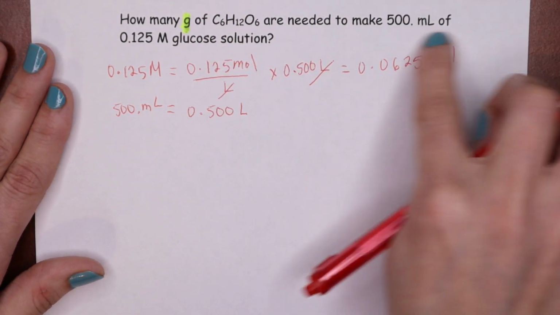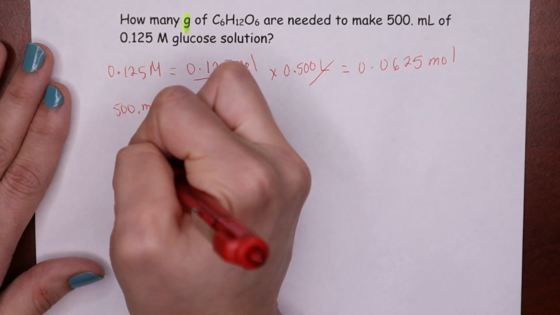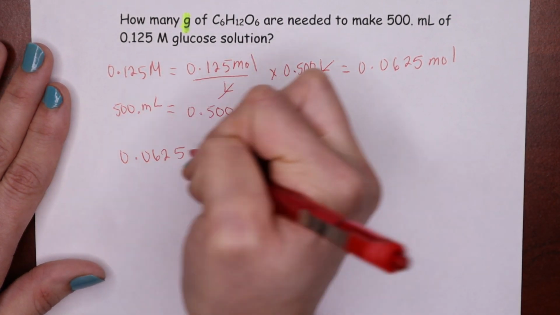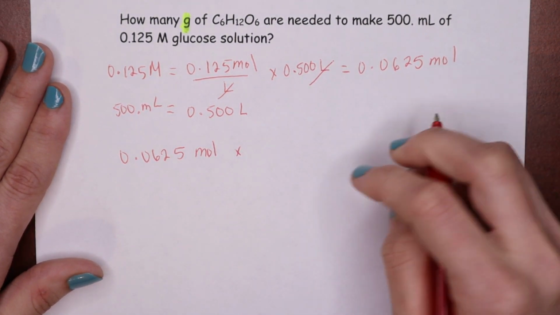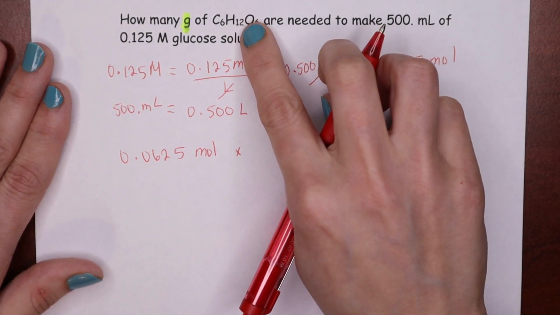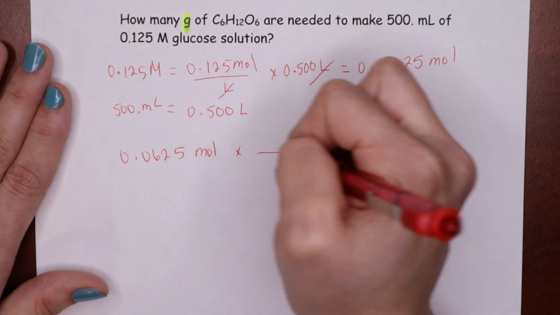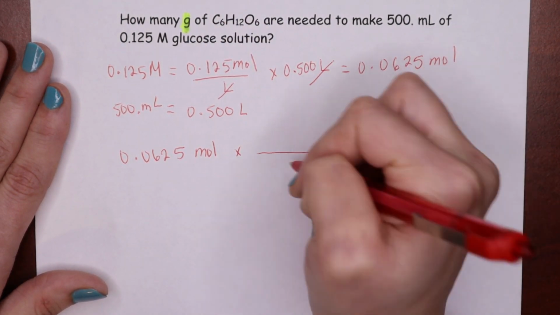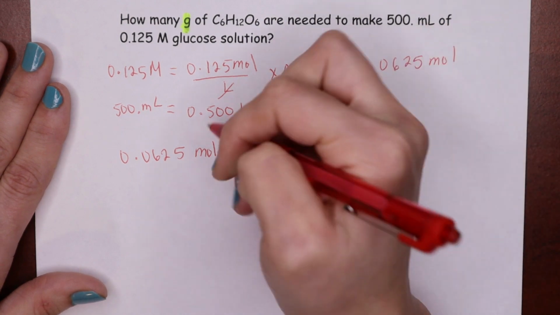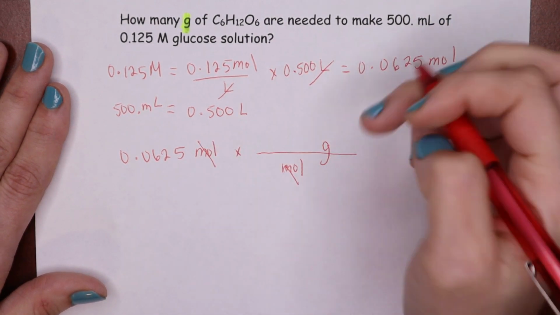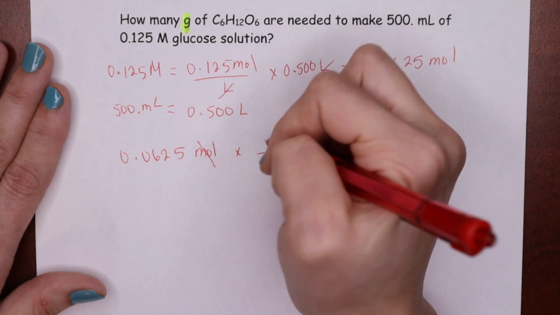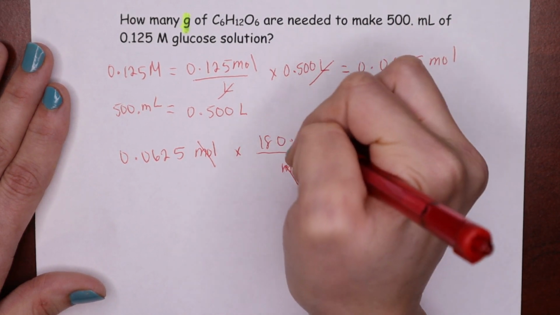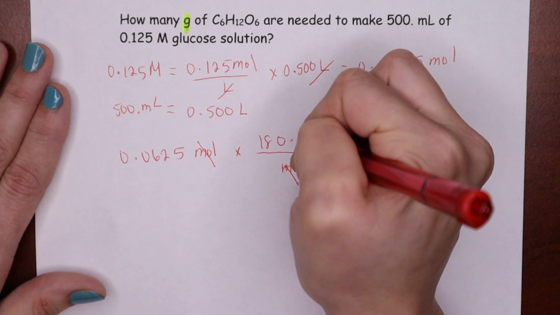So I'm going to take this 0.0625 moles, and we're going to be using the molar mass of glucose to come out with the grams. So what I want is going to go at the top. What I want to get rid of is going to go at the bottom, so I can cross out moles and I can end up with grams. And the molar mass of glucose is going to be 180.16.